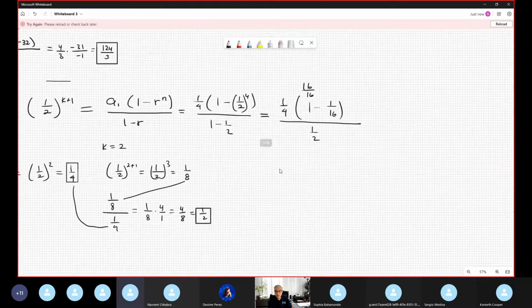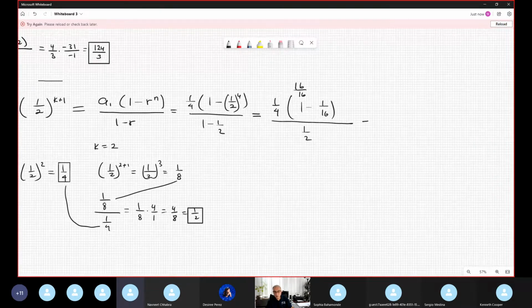So it's 1/4 times 15/16 divided by 1/2. Okay, and this is 15/32.